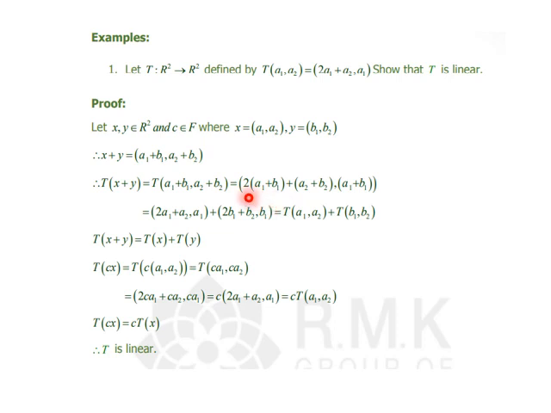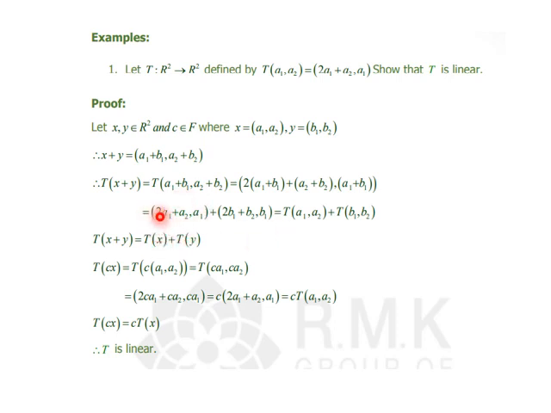I get 2 times A1, 2 times B1 plus A2 plus B2, A1 plus B1. Now we write it in this pattern: 2A1 plus A2, then 2B1 plus B2, and then A1 plus B1. So I write it as 2A1 plus A2, A1 plus 2B1 plus B2, B1.